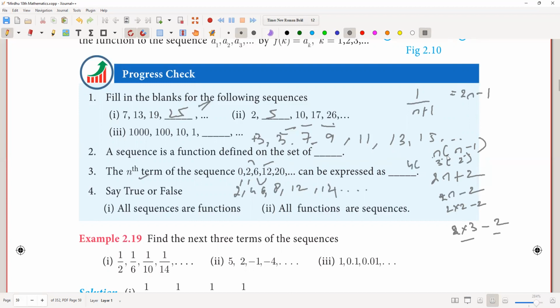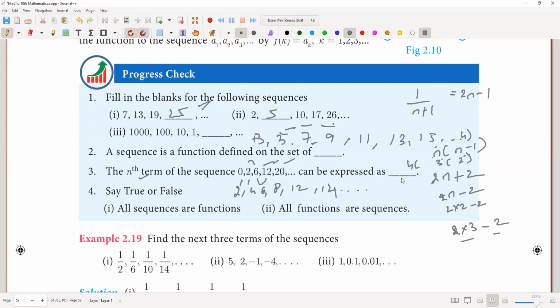If I put 4, 4 into 3, 12. If I put 5, 5 into 4, 20. So there is a possibility. We should not leave chances. You have to look into it. What are the patterns we can form? What are the formulas which can be obtained here?